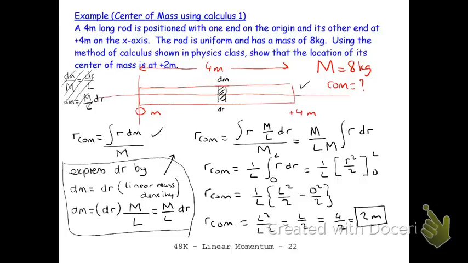If you simply learned that for a straight rod the center of mass is half the length, no points. It will say, using the method of calculus as shown in physics class, because this is what I want. You don't have to lay it out the way I'm doing, but you've got to get those major things. You've got to show me the equation, the diagram, this conversion, and the integration. Yeah. Cool.